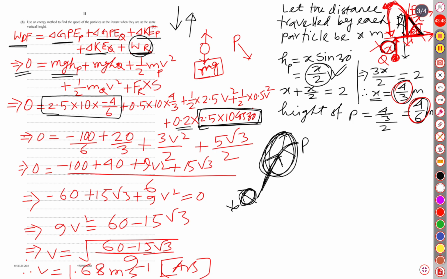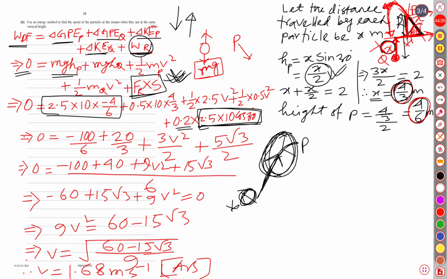Before I end, I have to rectify one mistake. Look at this: work done against resistance force is resistance force times displacement. The displacement was 4 over 3; x was the displacement.